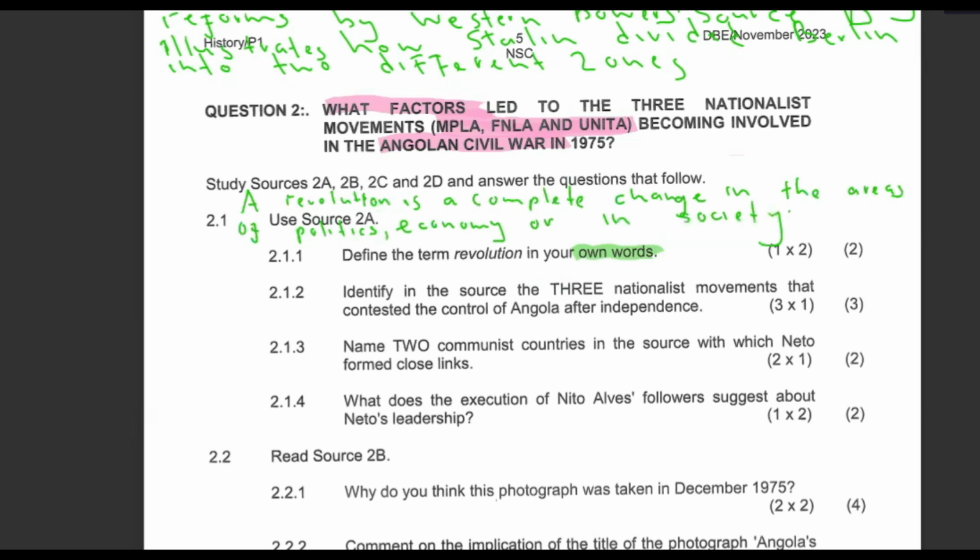So a revolution can be defined as a complete change. So the answer for 2.1 is written above there. It is a complete change in the areas of politics, economy, or in society.